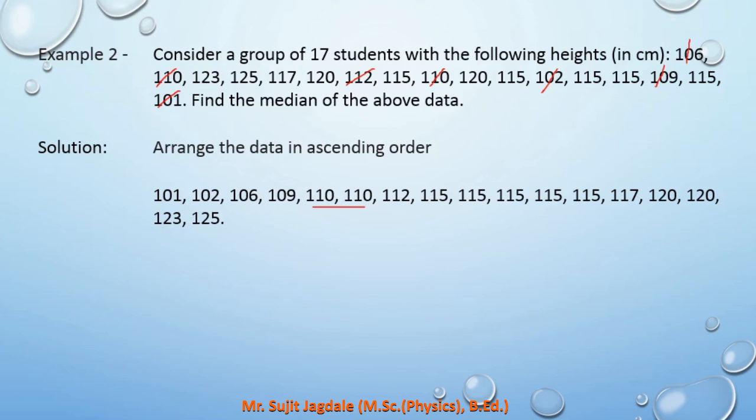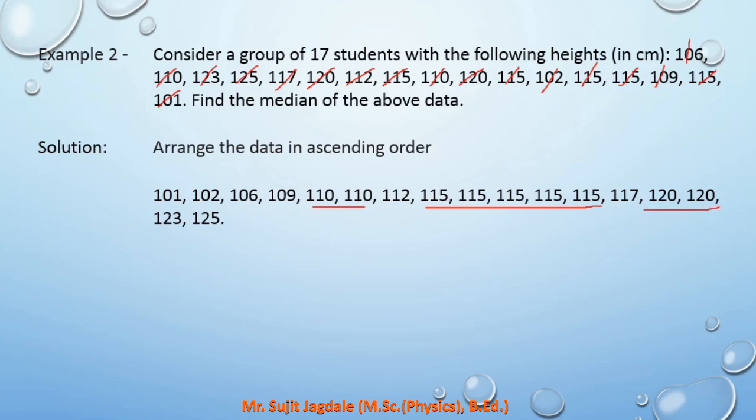How many times is it repeated? 5 times in total. So you have to write it 5 times. All the 115s you have to cut from the given set. Next one is 117. Then 120 is repeated 2 times. Then 123 and 125. That is our ascending order.